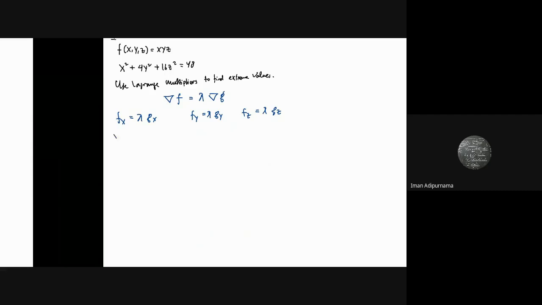So if you check here, it will be yz equal to lambda times 2x. And this will be xz equal to lambda times 8y. And this will be xy equal to lambda times 32z. Right?